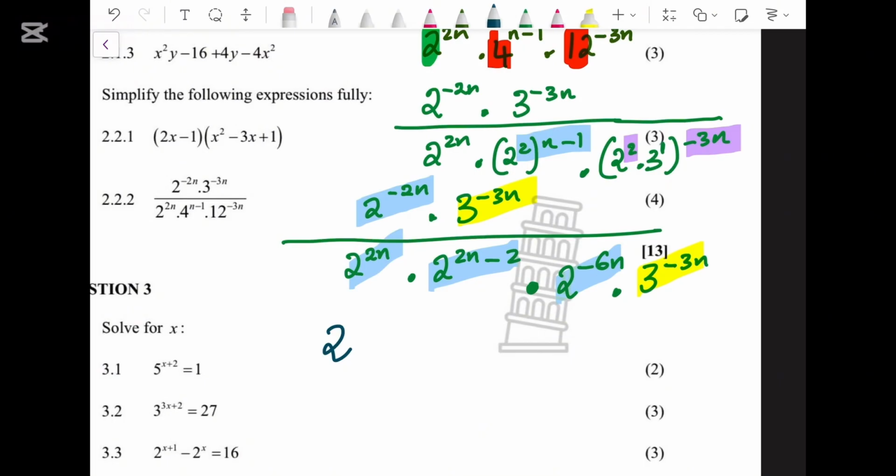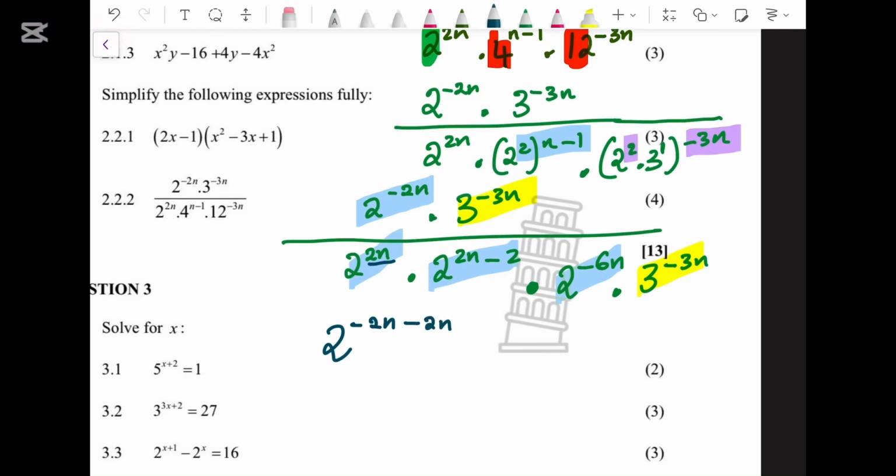And then now everything that is from the numerator, every exponent from the numerator, we keep it as it is. So it is minus 2n. And then everything that is coming from underneath, the sign will change. So we have 2n, which is positive. So it will be minus 2n.